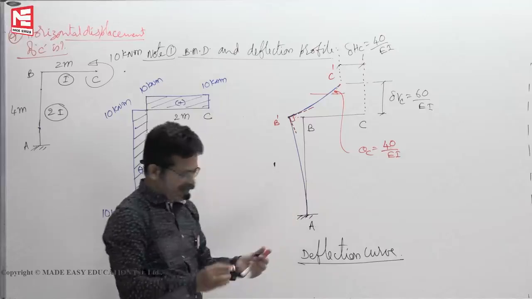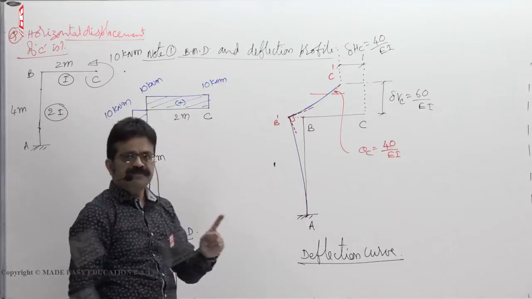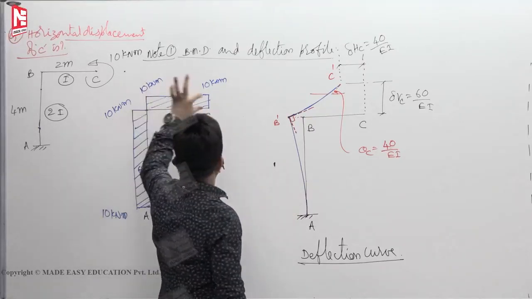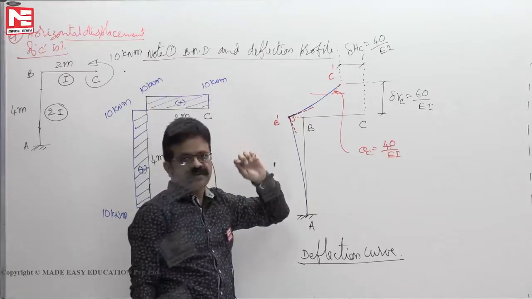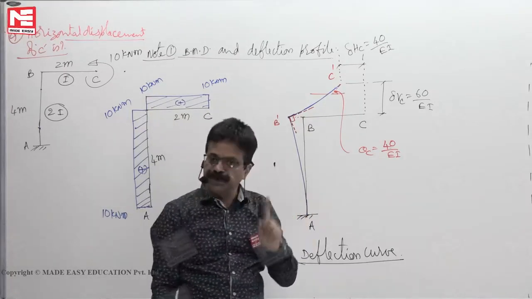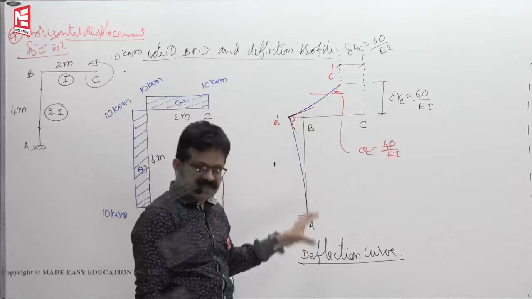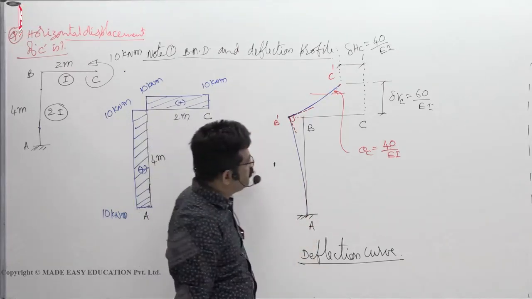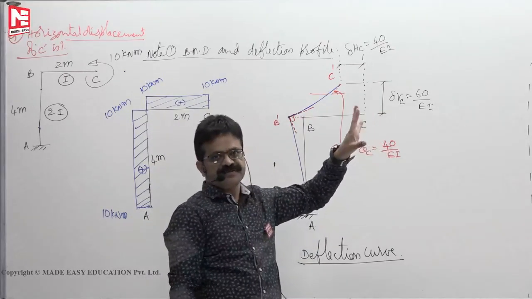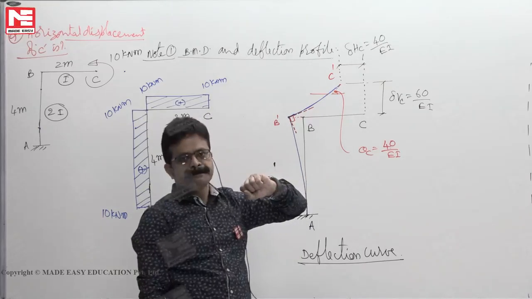Now how will it bend? If a beam is subjected to constant bending moment, or if a beam is subjected to pure bending moment where M is constant, then the beam bends like an arc of a circle.